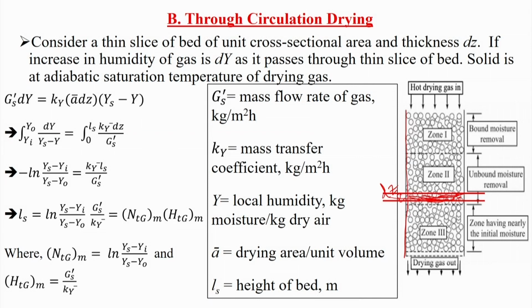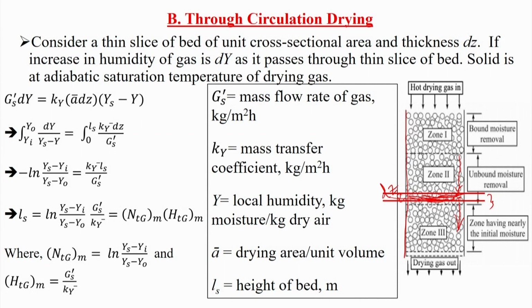If the increase in humidity of the gas is dy, then in this direction the gas enters here and exits from there, and the humidity increase will be dy across this thickness as it passes through this thin slice. The solid is at the adiabatic saturation temperature of the drying gas.